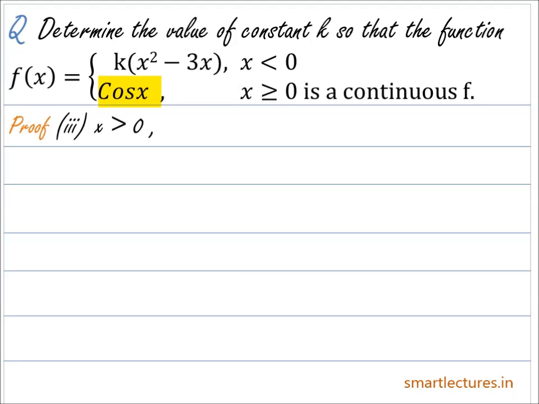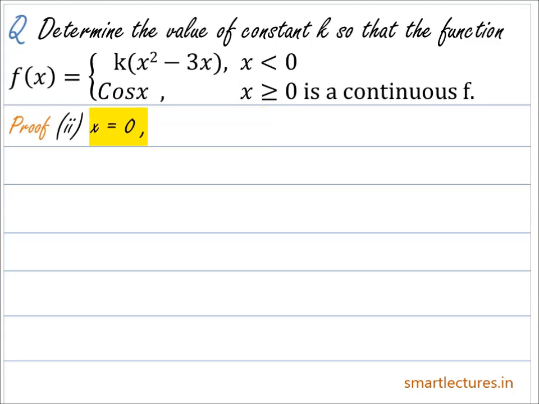That means for x greater than 0, f of x is a continuous function. So now we have proved that f of x is a continuous function for x less than 0 and for x greater than 0.